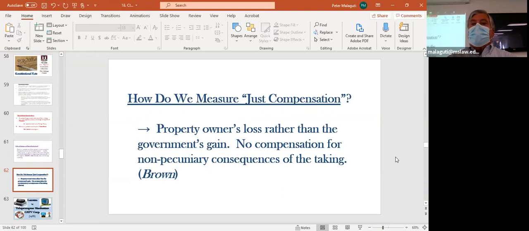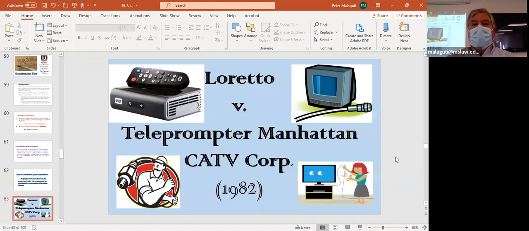Is it the property owner's loss rather than the government's gain? Sometimes the property owner loses money when the government doesn't gain anything. And that's the rule: it's measured by the loss to the property owner, not by the gain to the government.